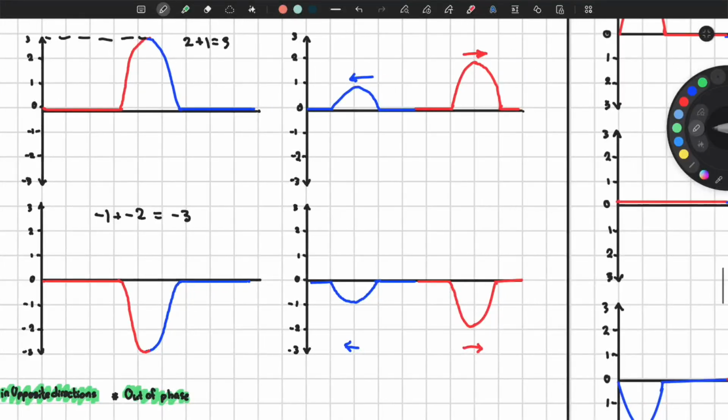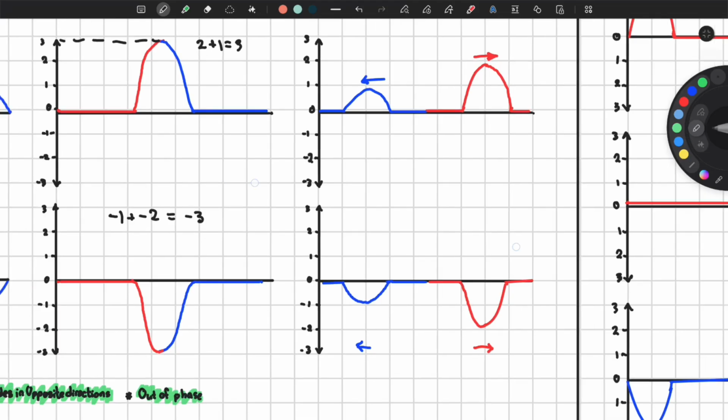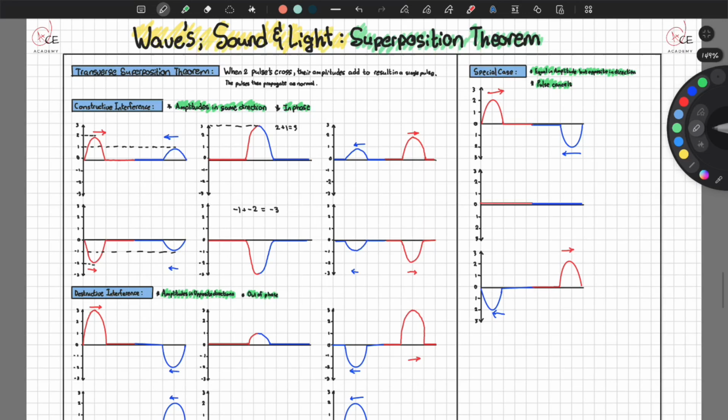And as we can see, they broke away into their initial pulses. They have the same properties, same amplitude, they move in the same direction. It's quite simple, guys. So that was simply your constructive interference. That is where the resulting pulse is larger than the individual pulses that make it up.